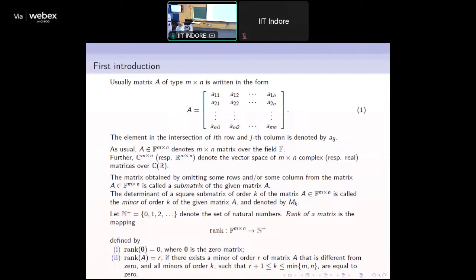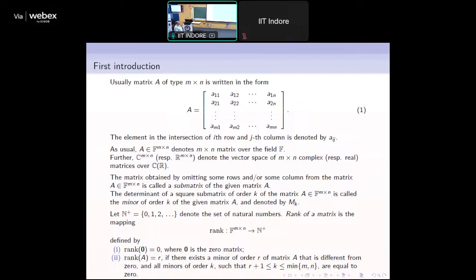Also, there is the very important notion of matrix rank. Matrix rank is a function with the domain given by m times n matrices over a field F, and codomain given by the set of natural numbers. And the matrix rank is defined by the following properties, 1 and 2. Property 1 says that the rank of the zero matrix is 0.